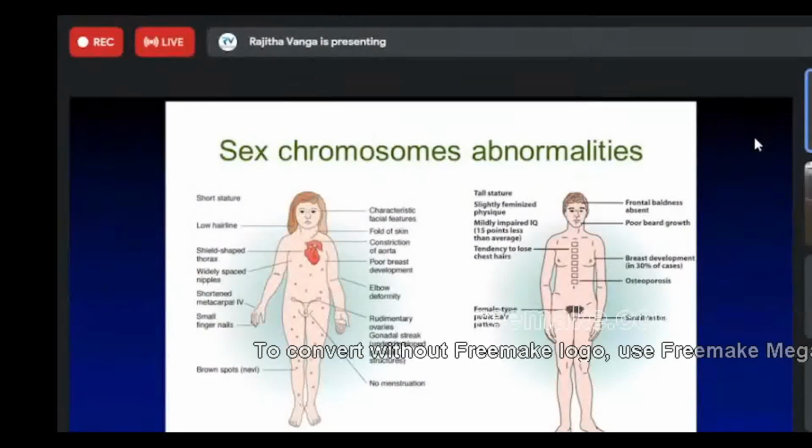So this was explained by Dr. Selvi in the previous session, but we can just note that chromosomes are packets of genes found in every cell in the body. There are two types of chromosomes called sex chromosomes, and usually the female baby has two X chromosomes and males have one X and one Y. If there are numerical anomalies, it may result in sex chromosomal abnormalities. The most common varieties are Klinefelter's syndrome and Turner's syndrome.